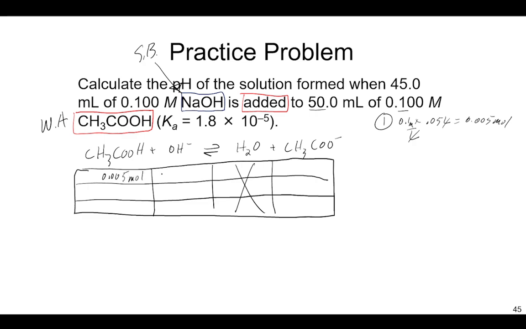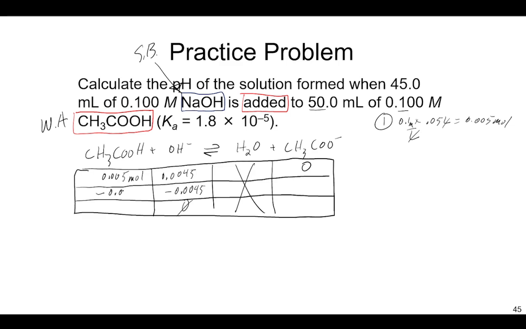I can do the same for the OH minus and figure out it's 0.0045. And I'm not starting with any conjugate base to begin with. So we look at these two numbers. Whichever one is lower is going to get completely used up. There's less OH minus here than there is the weak acid, so I'm going to completely use up the OH minus.